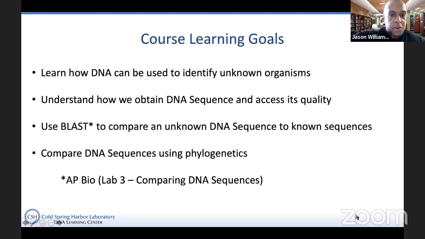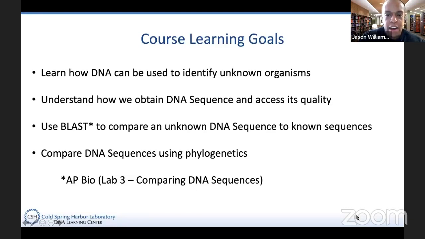Okay, so here are the learning goals for this overall course, and then I'm going to talk about what today's activities are. Overall, we're talking about how we use DNA to identify unknown organisms. And we're going to understand, and that was most of last week's topic, how you obtain the sequence quality, and how you understand what it means to have DNA sequence and know whether it's good sequence or bad sequence.